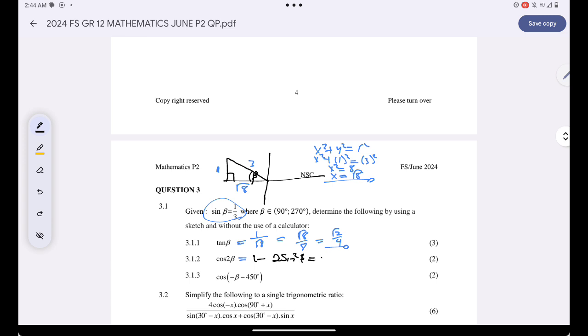So it simply means I can say it's 1 minus 2 times 1 over 3 squared, which is 1 minus 2 over 9. And what will I get? I will get 7 over 9 as my final answer. So cos 2 beta is equal to this.